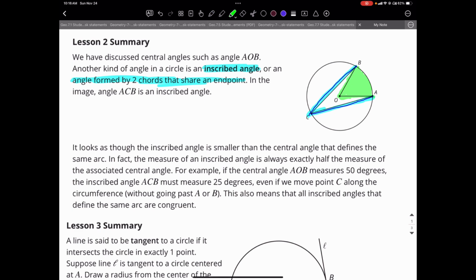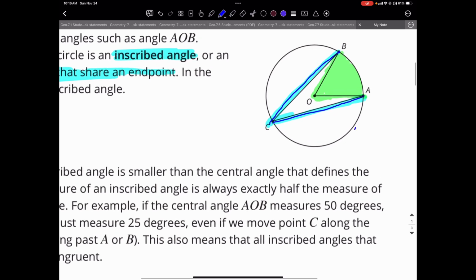If you notice the angle measure here, let me zoom in just a little bit. This angle measure appears to be smaller than this angle measure here, but they open up to the same arc length. If they open up to the same arc, you would think they must be close to being the same.